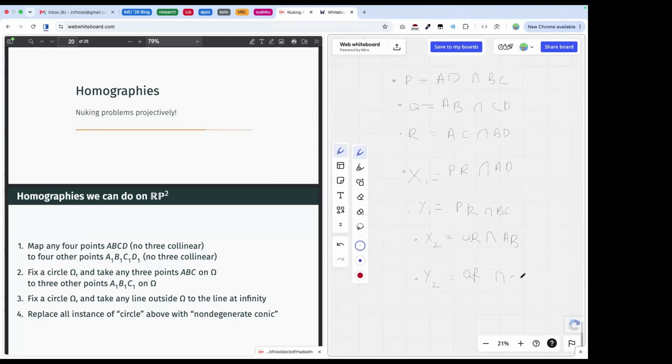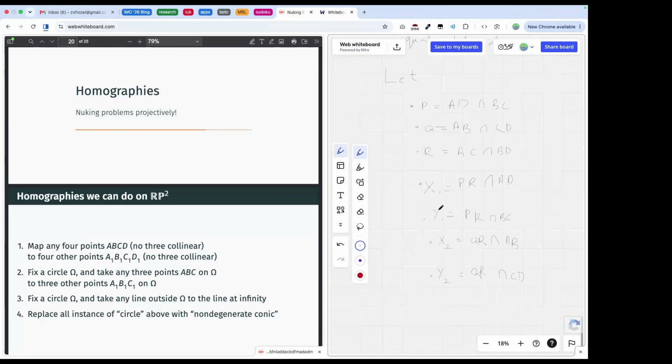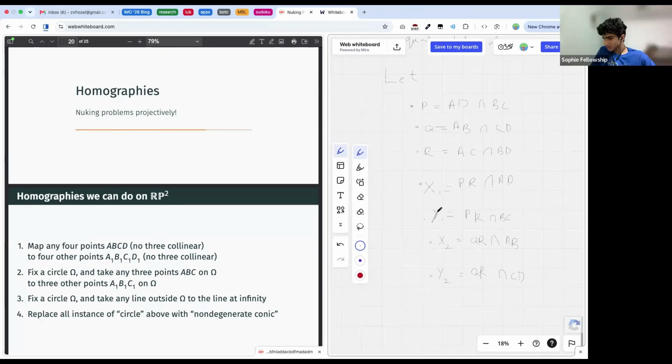For X1 and Y1, wouldn't X1 be the intersection of PR and CD, because P lies on it by symmetry? I think I defined P wrongly. So I think P and Q have swapped definitions.